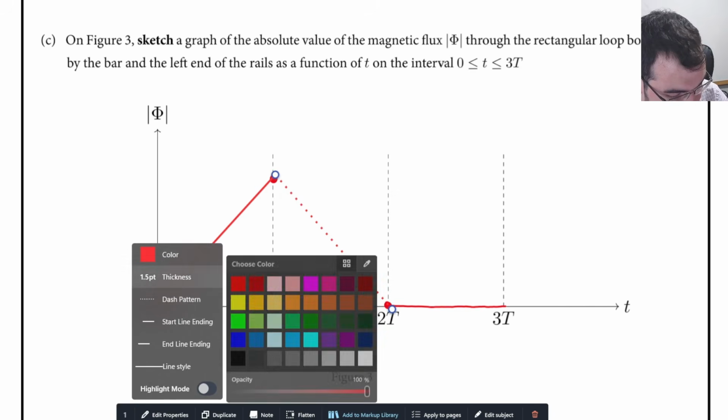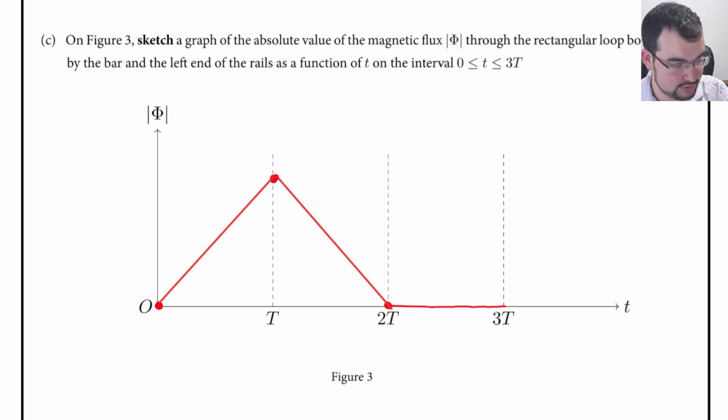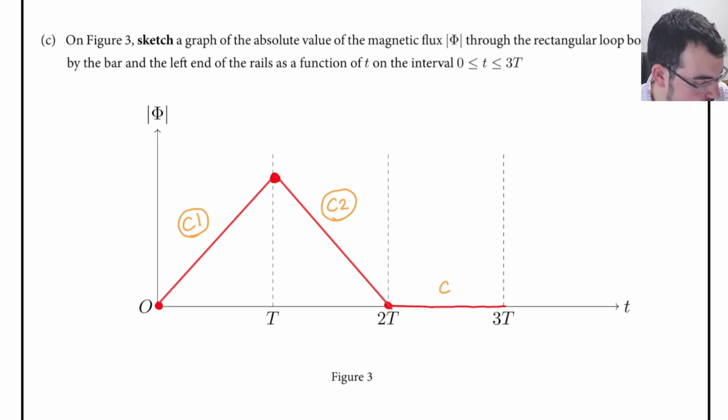Make you solid as well. So this is our correct graph. This is how you get the points on the graph. C1, linear increase. C2, linear decrease. C3, 0 everywhere else.